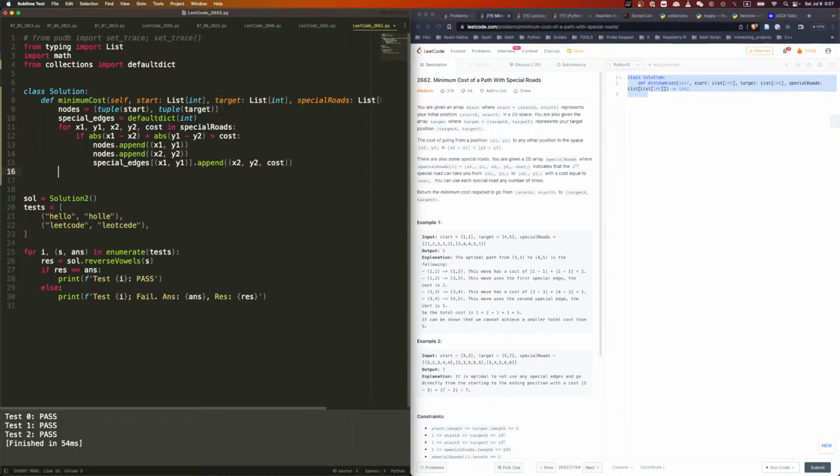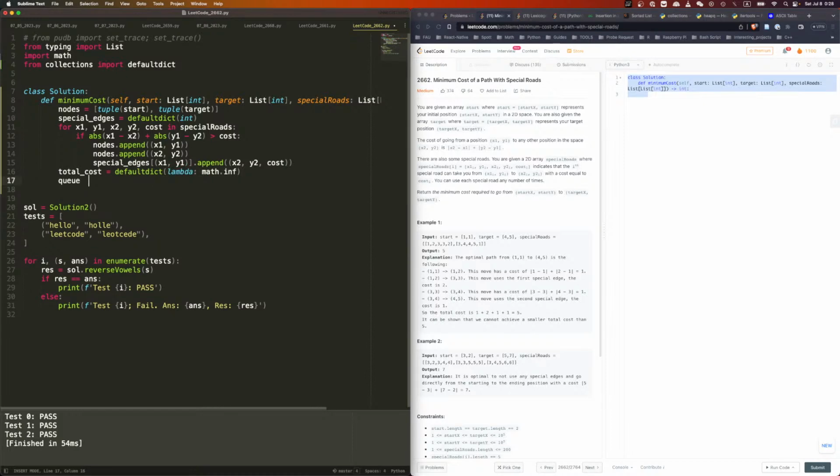Okay, so we go through all this. We get the special edges, we get the nodes, right? Then we need to have the total cost. Total cost is going to be default dict lambda math.inf.